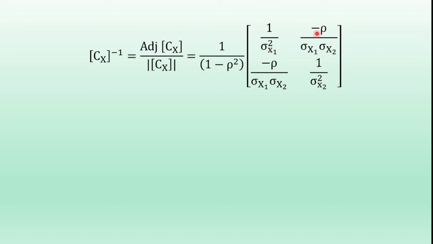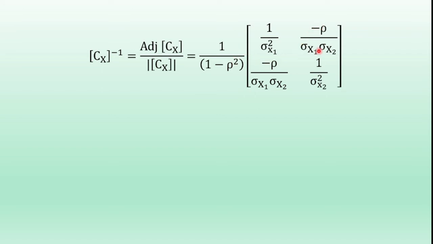And the second term here, what is the adjoint entry? Minus rho sigma x1 sigma x2 divided by the determinant. And what is the determinant? Sigma x1 square sigma x2 square into 1 minus rho square. So 1 by 1 minus rho square is written here.